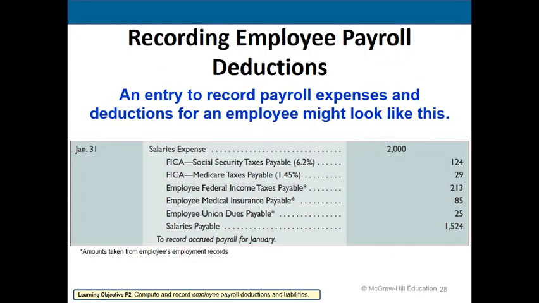All right, so here we have an example of a typical payroll deduction journal entry. Here you've got an employee who earns $2,000 in pay during this period. And again, the accounting software would take care of this stuff, figuring out the amounts, but it's not too hard to figure out 6.2% of $2,000.